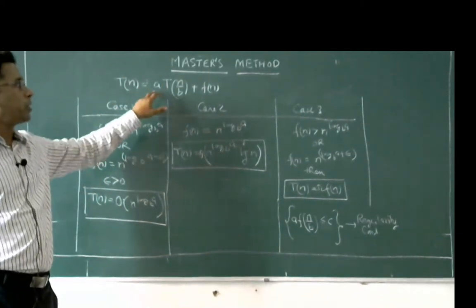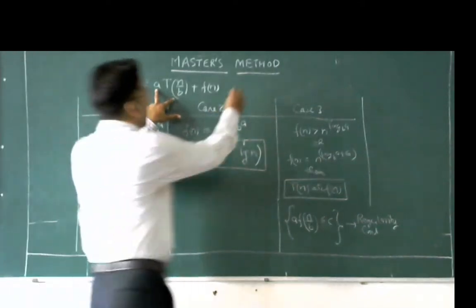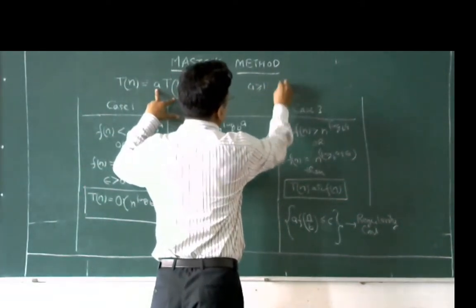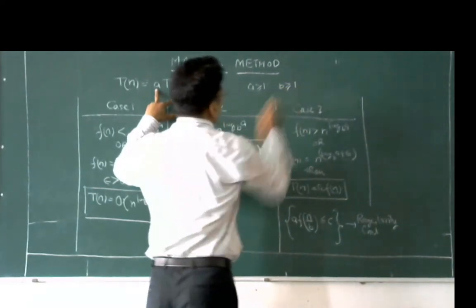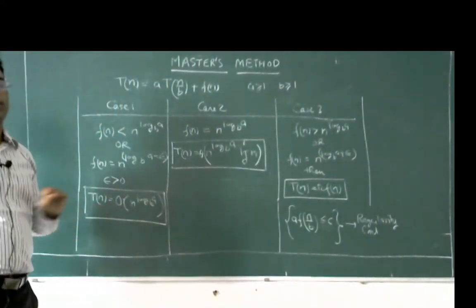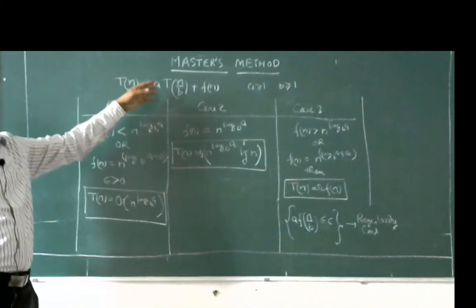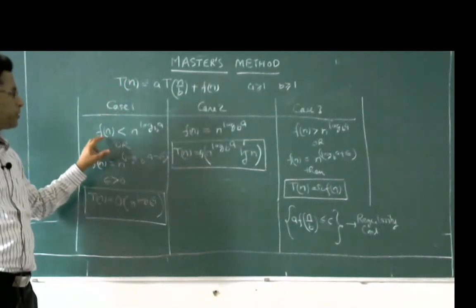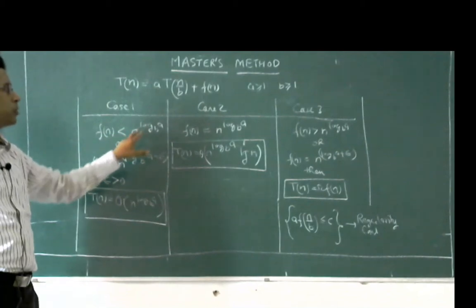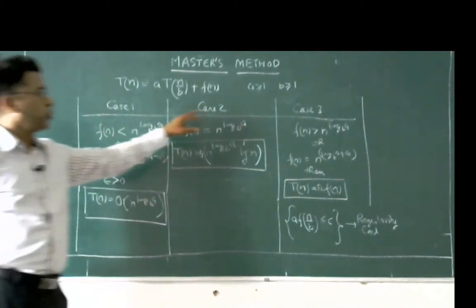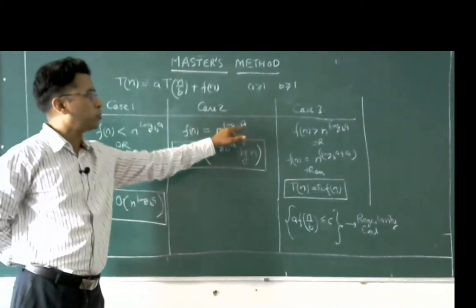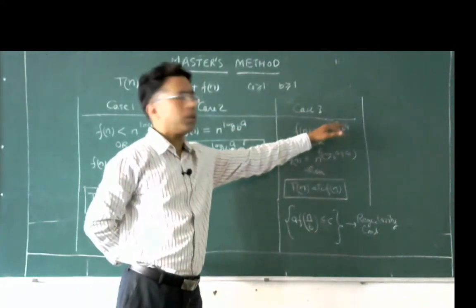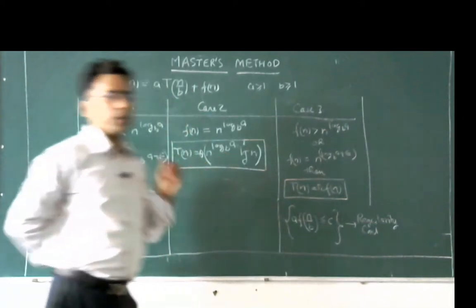Here one condition has to be noted, that a should be greater than or equal to 1 and b should be greater than 1. It cannot be a fractional value. Case 1 arises when f(n) is less than n raised to the power log a base b. Case 2 arises when f(n) equals n raised to the power log a base b. Case 3 arises when f(n) is greater than n raised to the power log a base b.